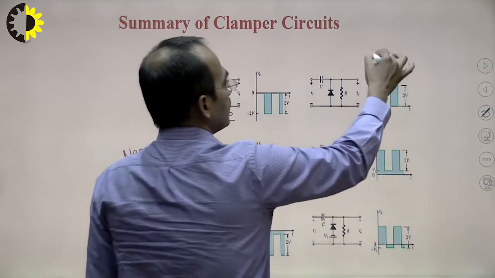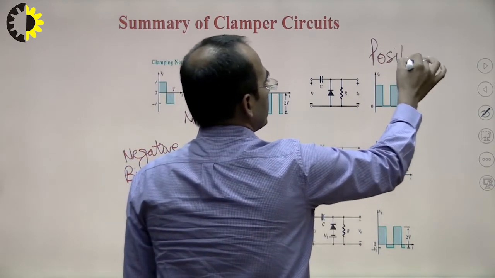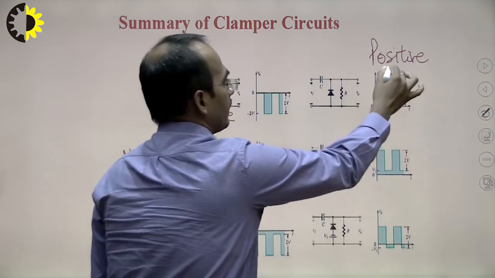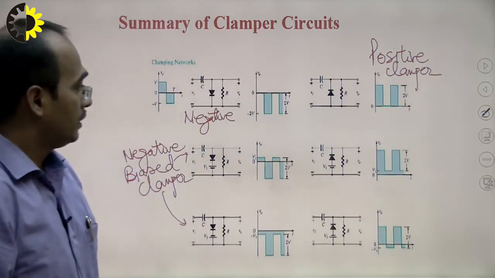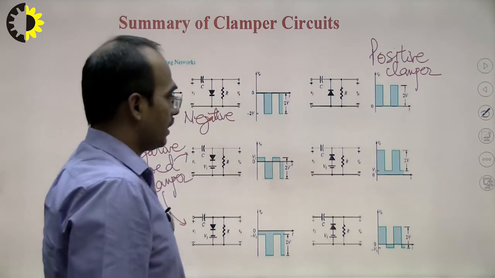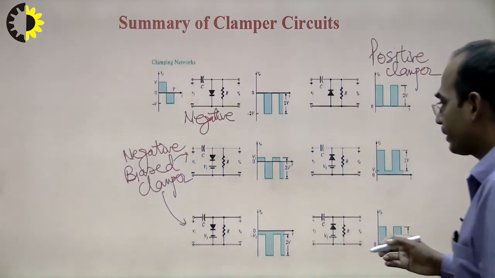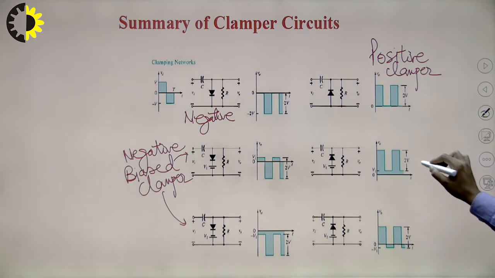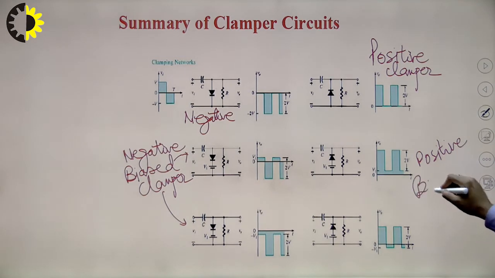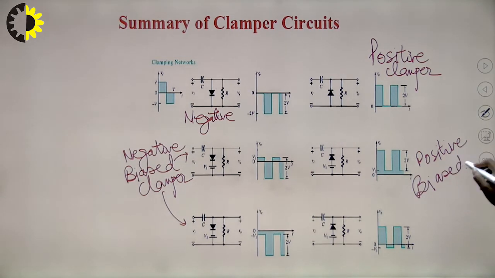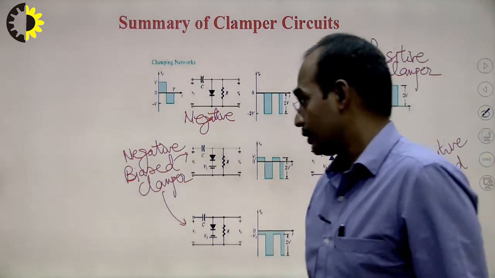So this is a positive clamper, and these circuits are biased positive clampers, or you can say positive biased clampers, whatever you want to say.